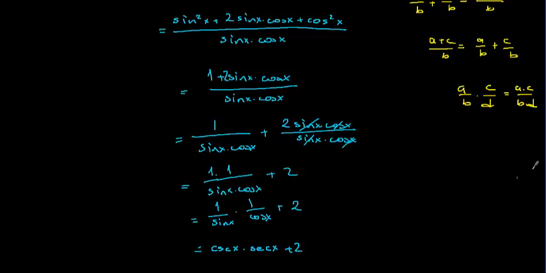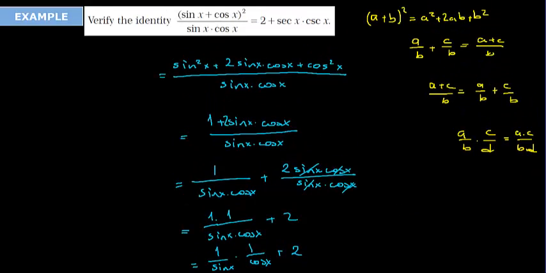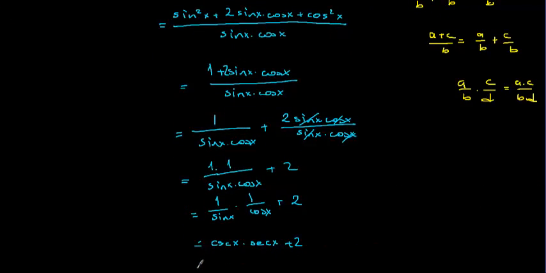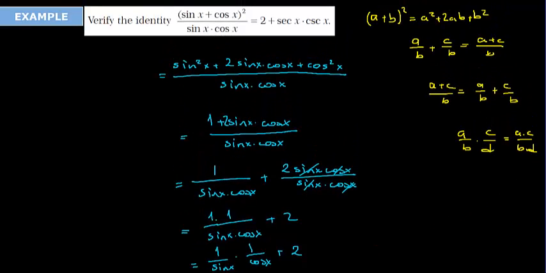If we rearrange that, it's equal to 2 plus secant x times cosecant x. As you see, we proved that the expression sine x plus cosine x squared over sine x times cosine x is equal to that one. Okay.